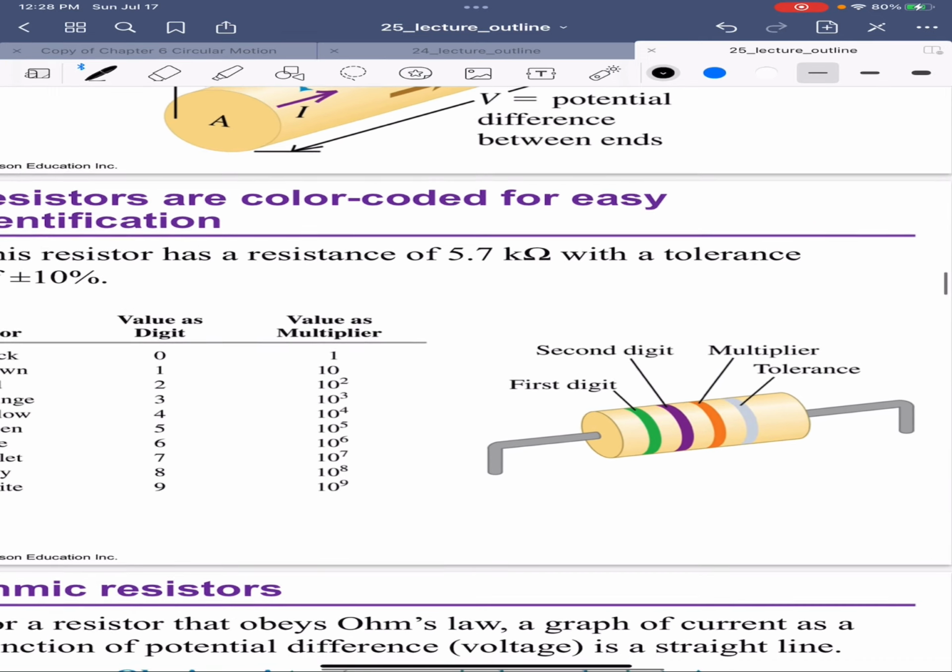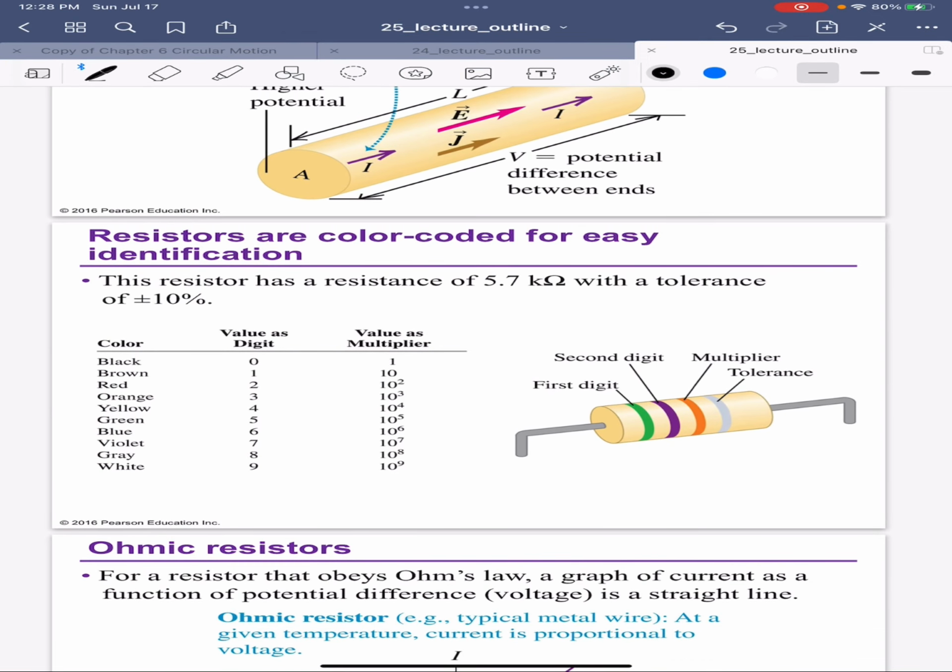Now look at the numbers here. The first band is green, and green is 5. The second digit is violet, which is 7. And then the multiplier, when it is orange, is 10 to the 3.